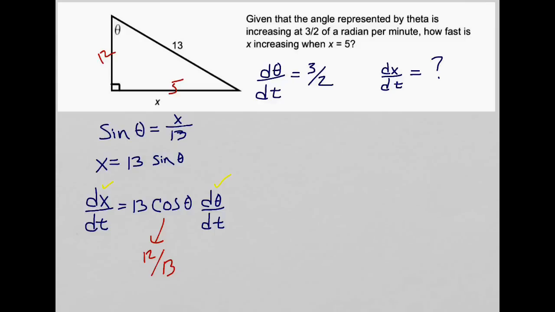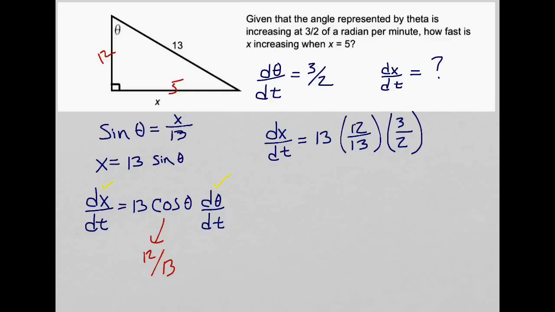So now when I substitute and solve to figure out what dx dt is, our equation is really just dx over dt is equal to 13 times 12/13 times d theta dt, which was 3/2. When I multiply all that together, the 13s are just going to cancel out, and we're going to get 12 times 3/2, which comes out to be 18.